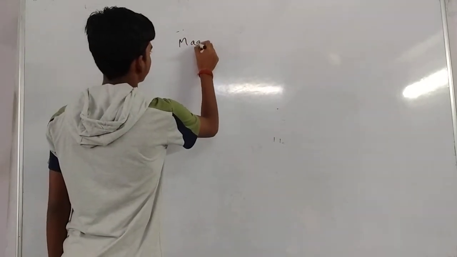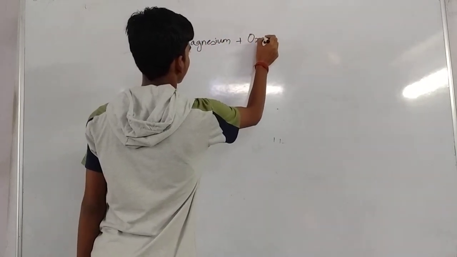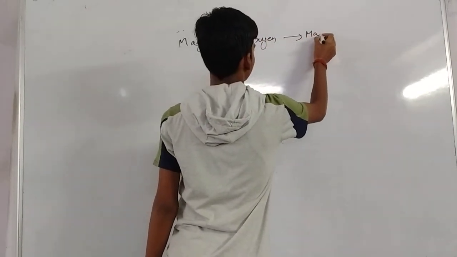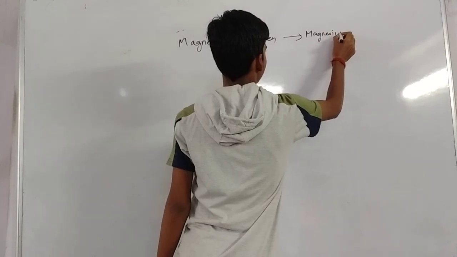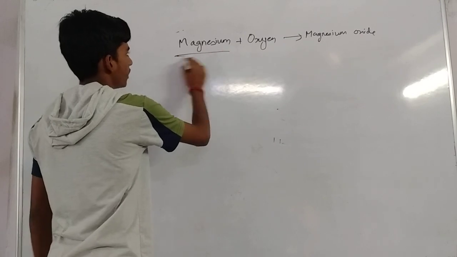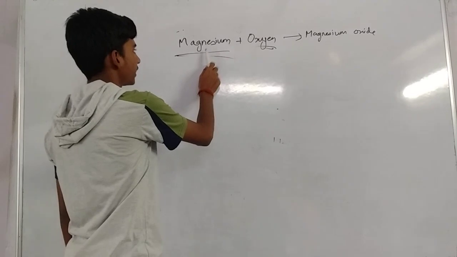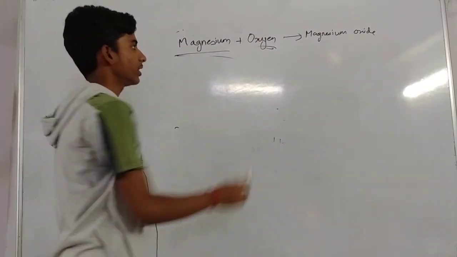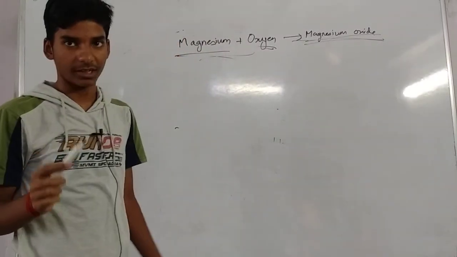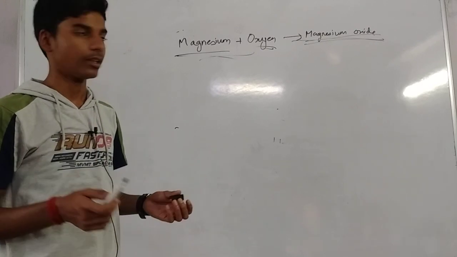If we take magnesium plus oxygen, it will form magnesium oxide. Magnesium is a metal, oxygen is a non-metal. So metal and non-metal form an entirely different compound, that is magnesium oxide, which is in powdery state.